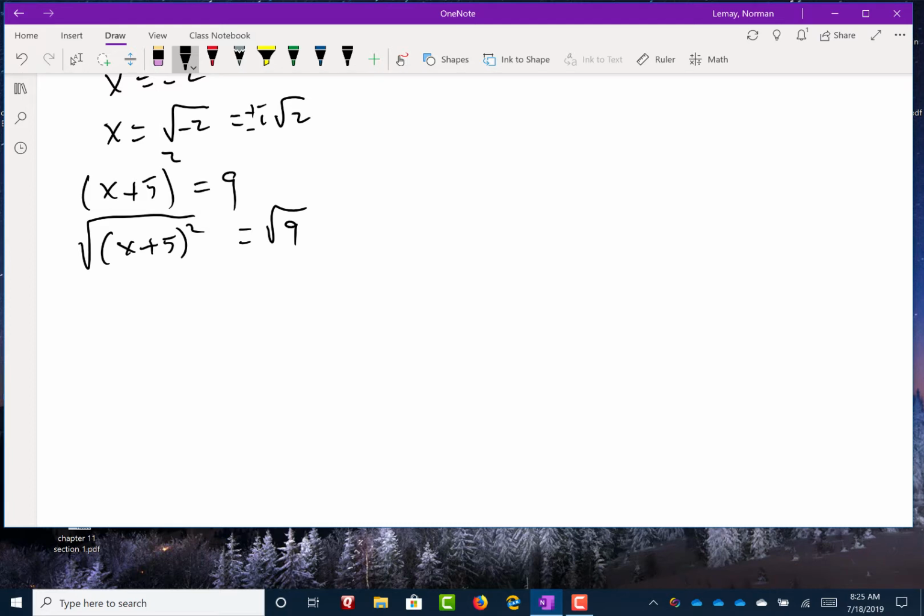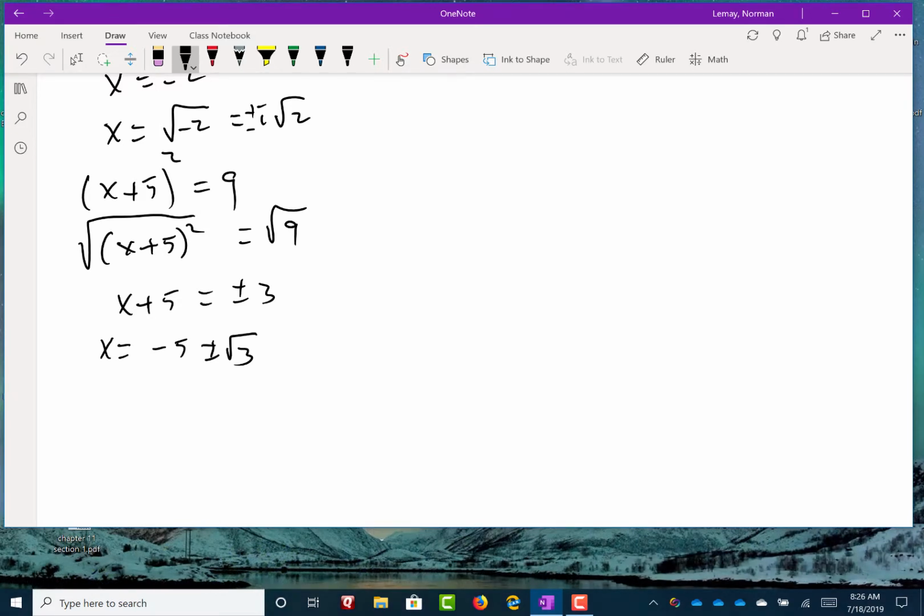On the left side, the square root and the squaring undo one another, so we just end up with x plus 5. And we know that the square root of 9 is plus or minus 3. So here we end up with x equals negative 5 plus or minus 3.